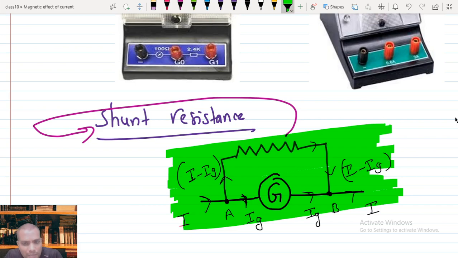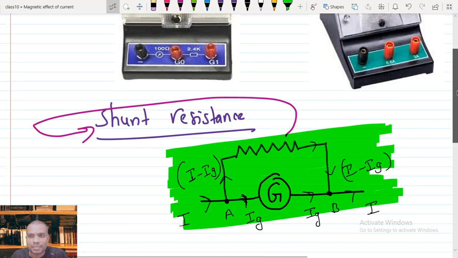But when you connect a parallel resistance, the current divides, so that acts just like a safeguard for the galvanometer. And not only does the current divide here, the parallel resistance connection changes the galvanometer to an ammeter. And not only that, by using it we can increase the range of measuring.